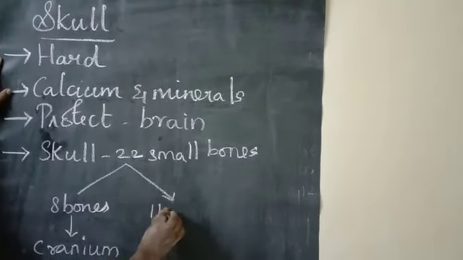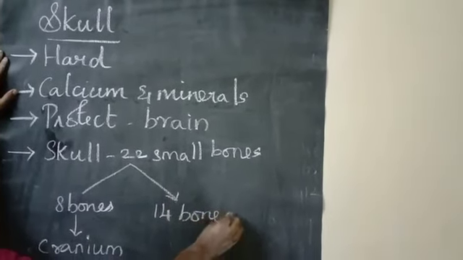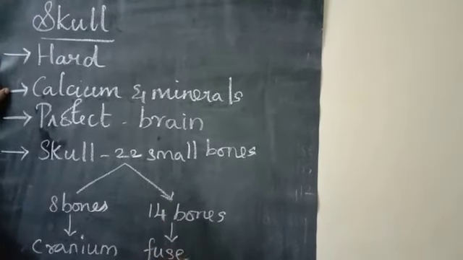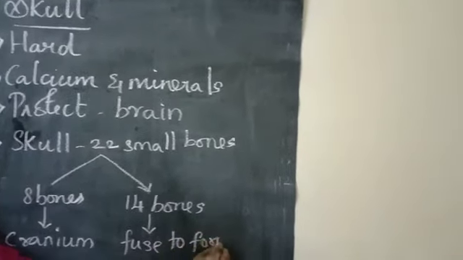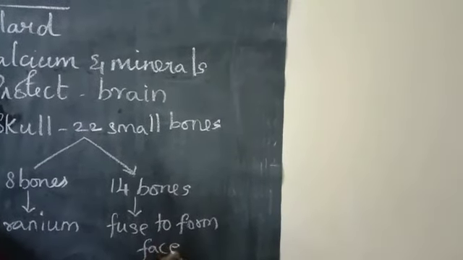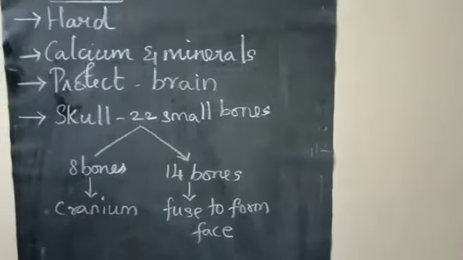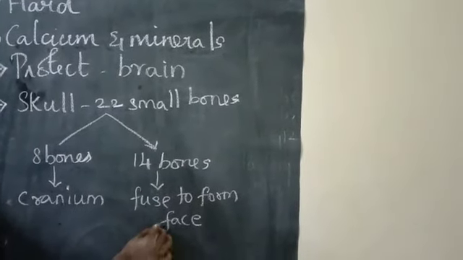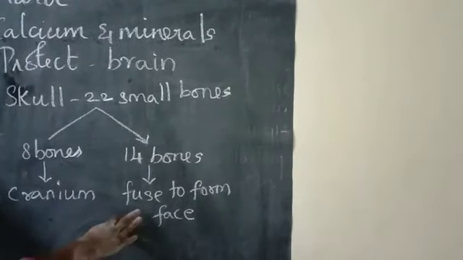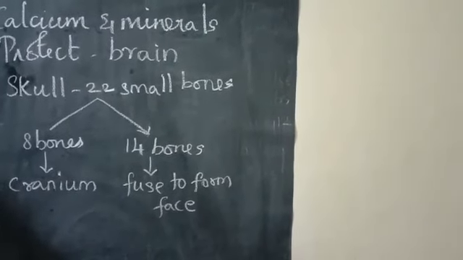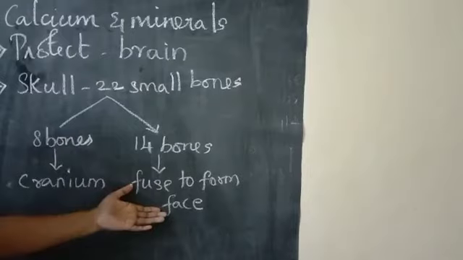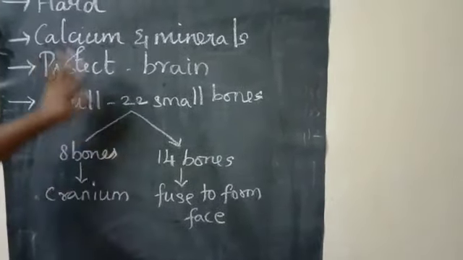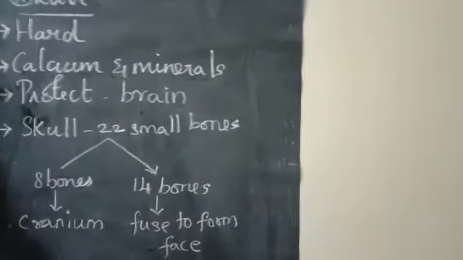And the remaining 14 bones are attached or fused to form the face. Clear? Okay. And next, the jaw region also comes under this. The upper jaw is immovable, and the lower jaw is movable. Clear? So totally, this is the introduction about the skull.